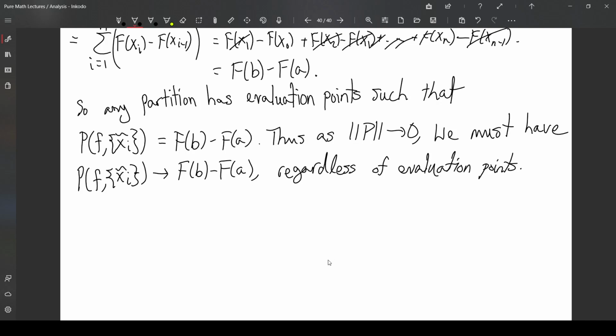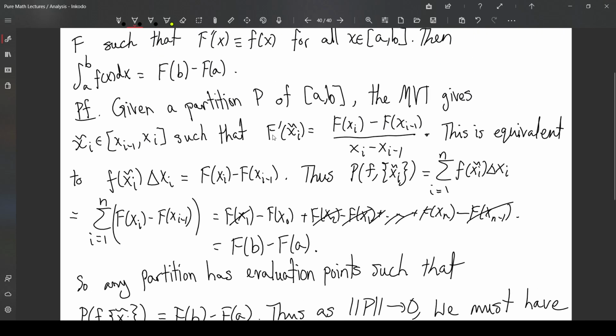Because as your partitions get finer and finer, you can think of each subinterval as approaching one point. And by the mean value theorem, inside of those subintervals, you have to have some point where this equality is true.